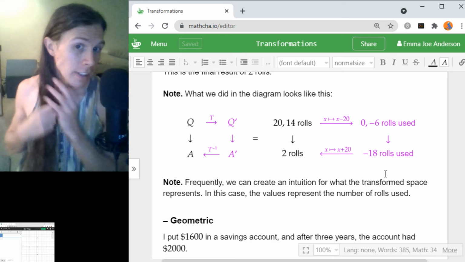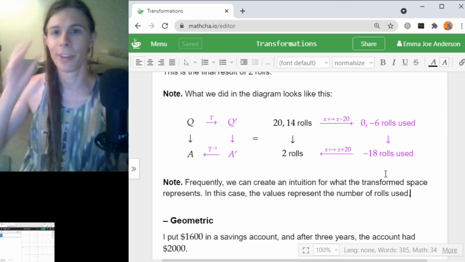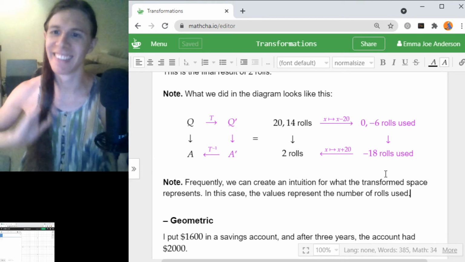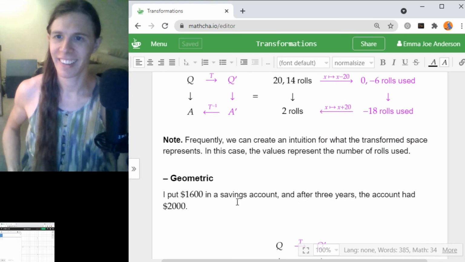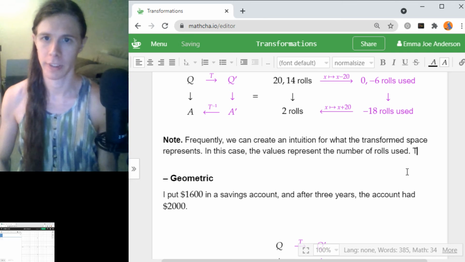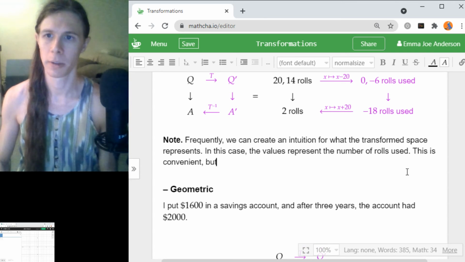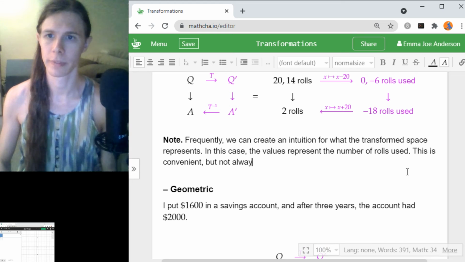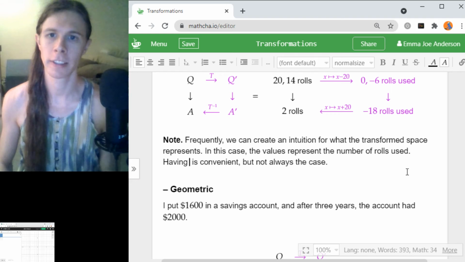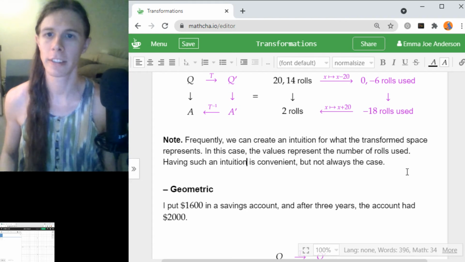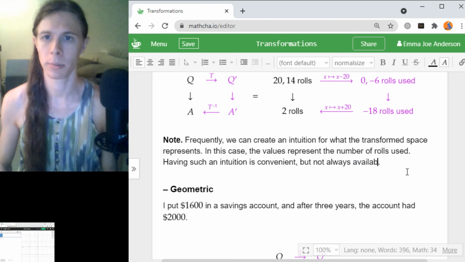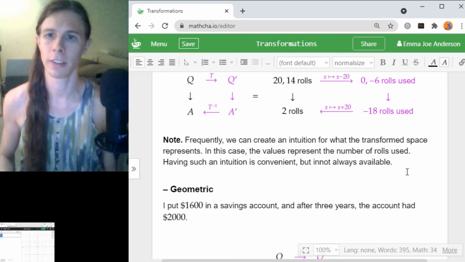This is convenient and not always the case. Having such an intuition is convenient, but not always available.